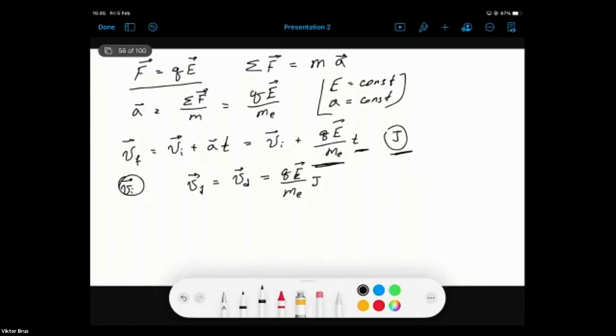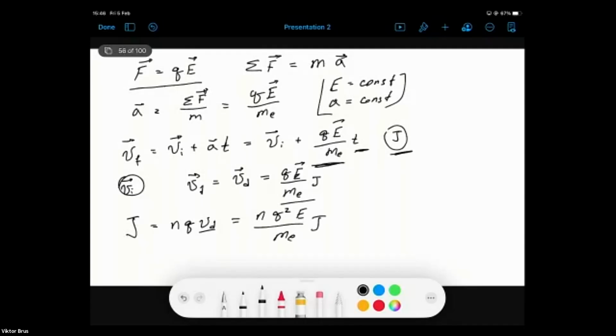We know that current density is J equal to N Q times v_d. Now we can substitute its expression for the magnitude of v_d. So now we operate with speed, not velocity; we assume just a one dimensional case. N times Q square times E divided by m_e times tau.